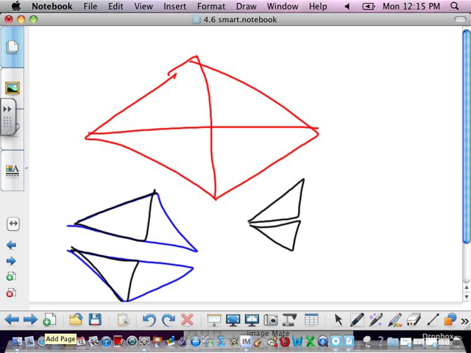I already know from the given that these are the same. Do you guys see what parts are touching the blue? This angle is touching, but do you see that this angle right here is not the same as this angle right here? So I can't use that, right?